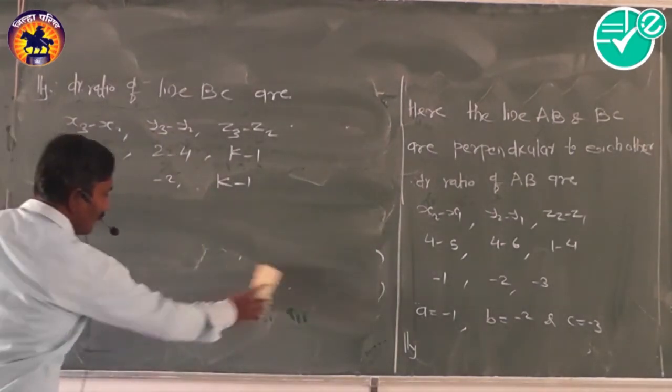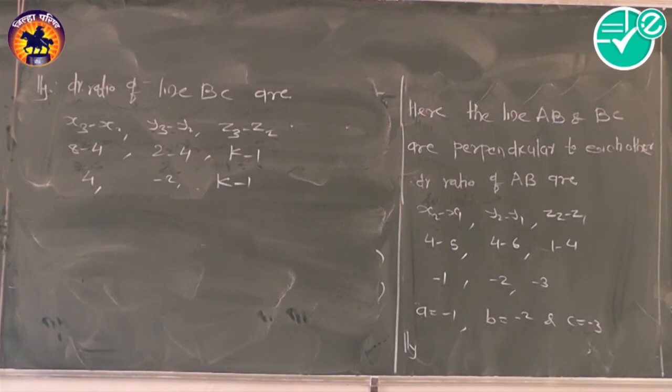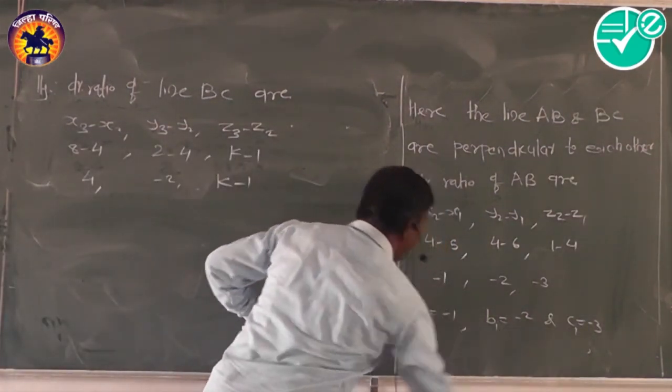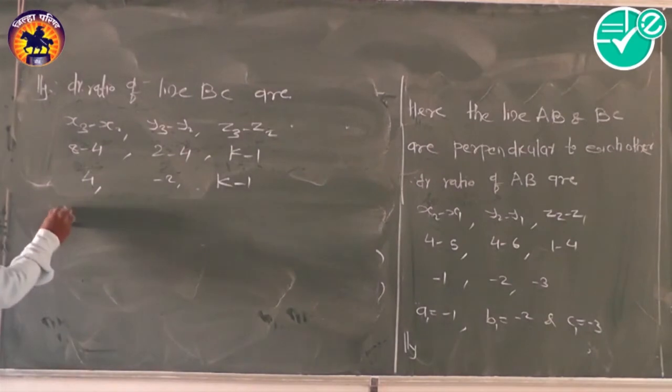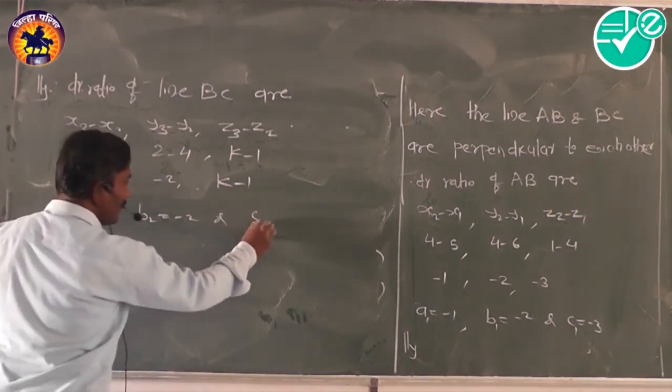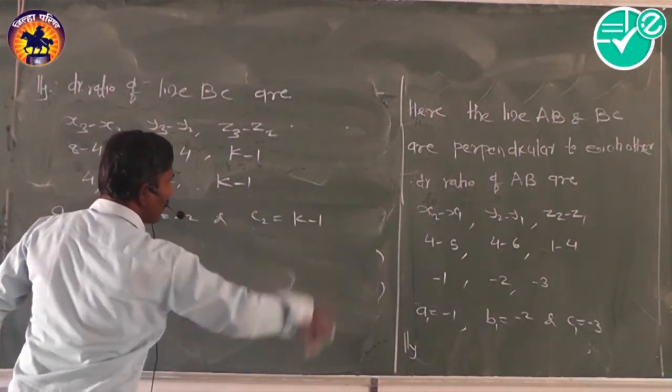Now we have the direction ratios of line AB and of line BC. Here A1, B1, C1, and here A2 is equal to 4, B2 is equal to minus 2, and C2 is equal to k minus 1.